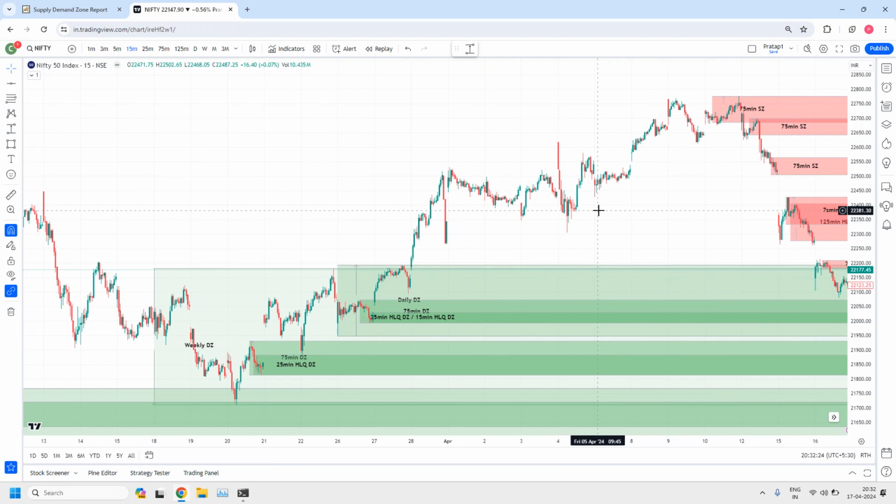Then one time frame below, consider that as your LTF, entry time frame. The one above is anyway your income trade type. So that means your WIT trades will be enabled. The moment the daily trend is changed, your WIT trades will be enabled for bearish trade setups.